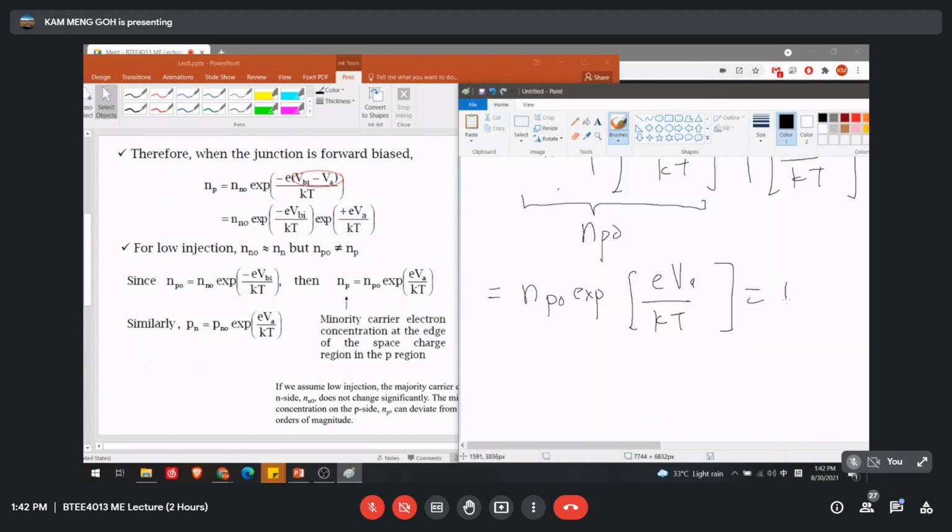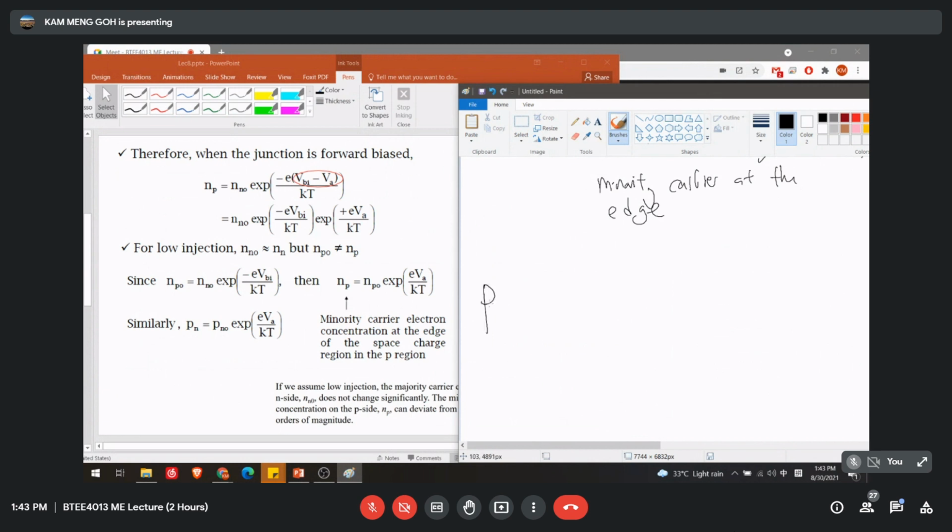And then this will become the NP, and this NP is the minority carrier at the edge. This NP is rewritten as NP of XP, to be more accurate. Same thing also for the P side, PNO exponential EVA over KT.